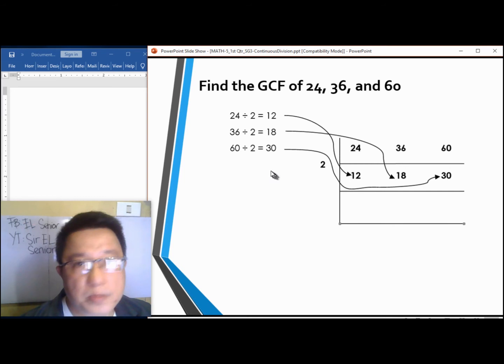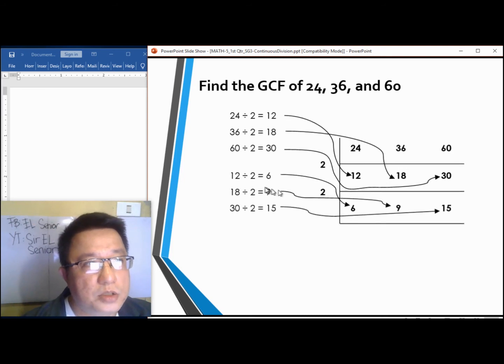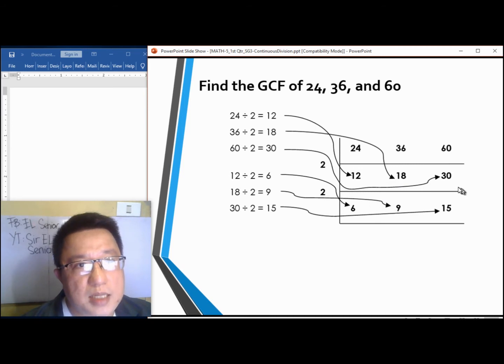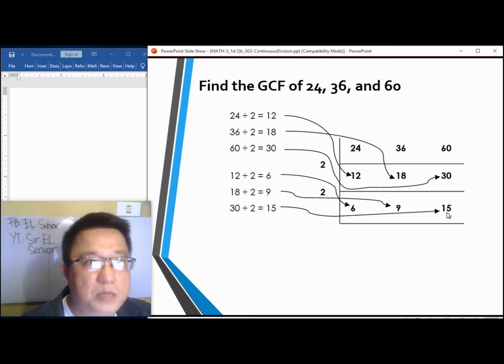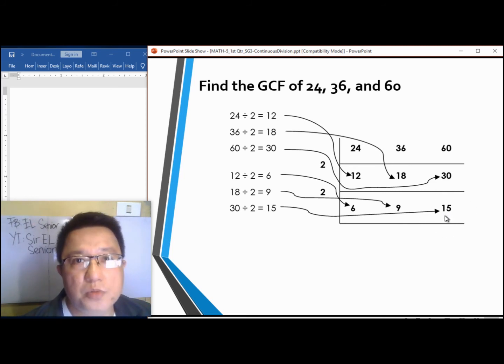So we can repeat the process, divide again by 2, since all three numbers are even. So the answers will be 12 divided by 2 is 6, 18 divided by 2 is 9, and 30 divided by 2 is 15. Okay, on this third row, 9 and 15 are not even numbers, so we cannot divide by 2 anymore. So let's go to the next prime number.